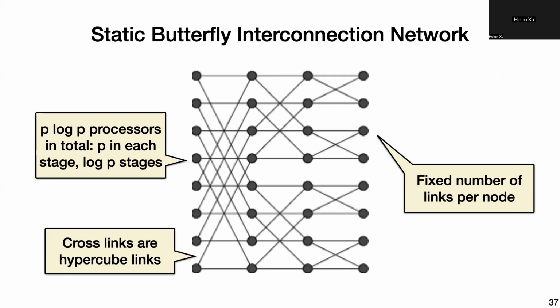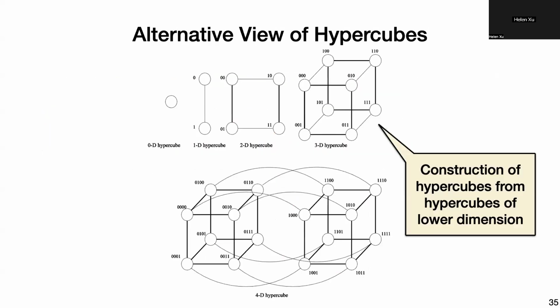We flatten it to reduce the number of neighbors per node. One of the main reasons is that if you want to build a true hypercube, the number of neighbors per node grows with p, which is hard to build in an actual machine. Ideally, we would like to fix the neighbors per node to be something small. Another reason is that building a true hypercube is hard to do in 3D space because the links become different lengths.